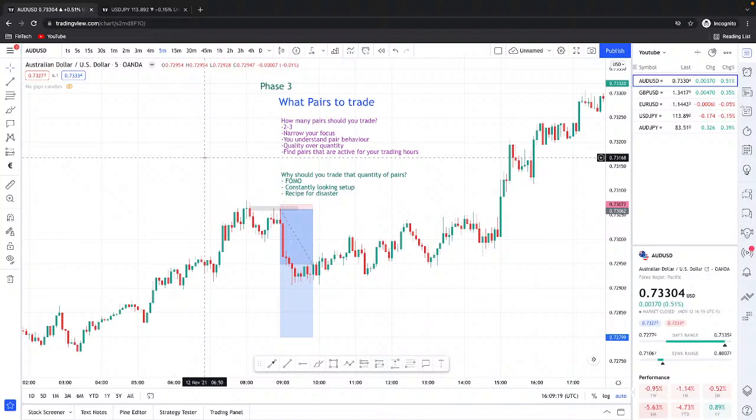But for people trading Asia, there are different pairs that move during Asia, like the yens. You can try the yens, like pound yen, maybe Australian dollar yen, all the combinations of the yens.